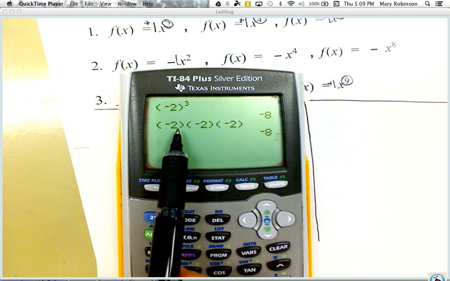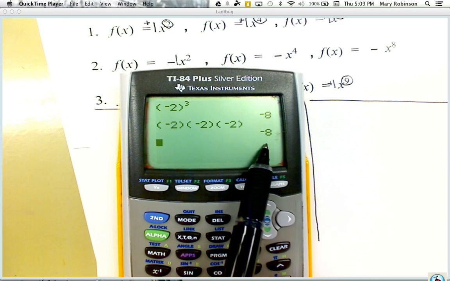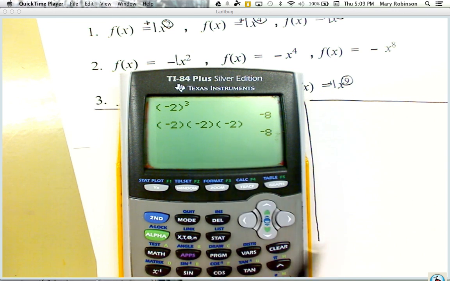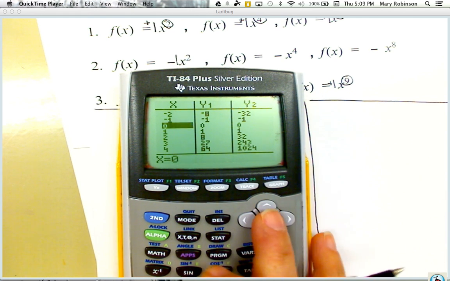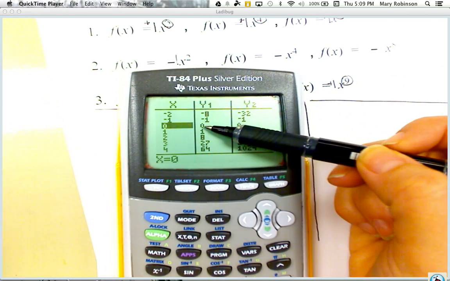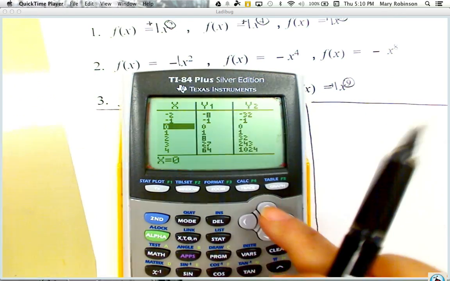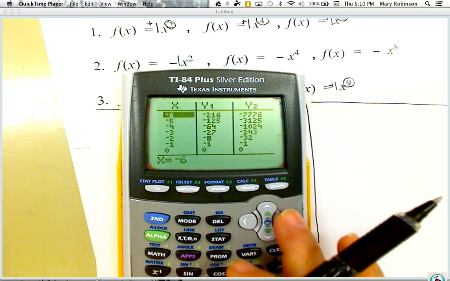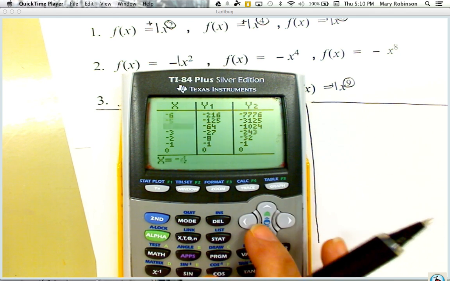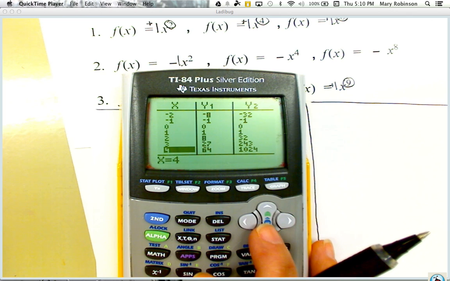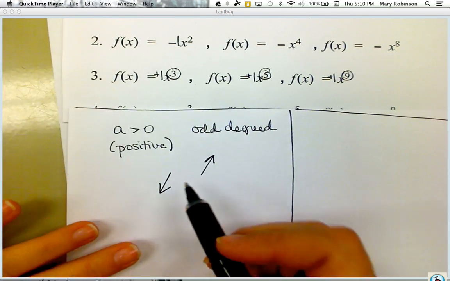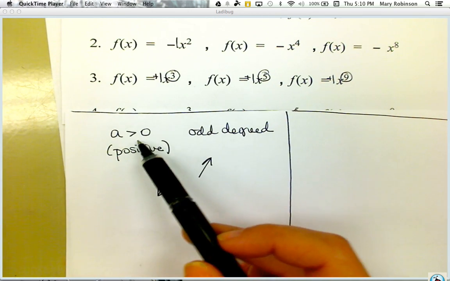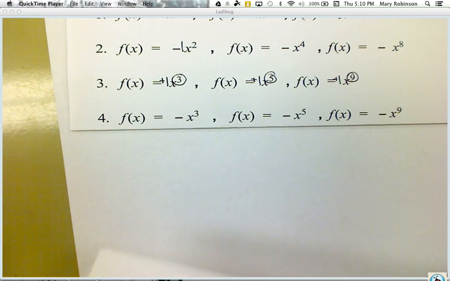So that means every time our input value is negative, our output value will also be negative, while if our input value is positive, our output value would be positive. This is why as x goes more and more negative, our y value goes more and more negative. And as our x value goes more and more positive, our y value goes more and more positive. So this would be a description of what happens here when we have a positive a value but an odd degree.